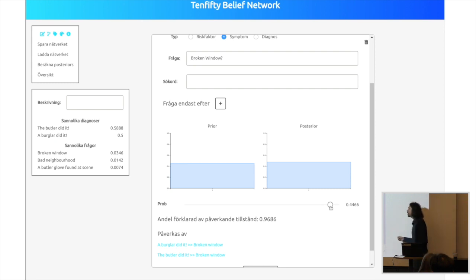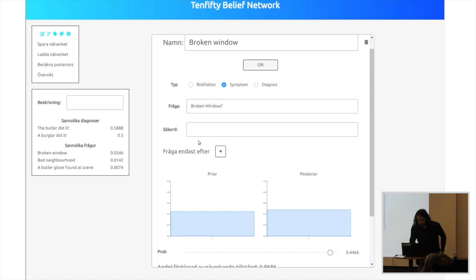So there may be other reasons for windows breaking, and those other reasons are encoded in this. The lower this is from 1, the more there is of other knowledge that I haven't encoded yet, or may never do. So that's also important for a human to look at.